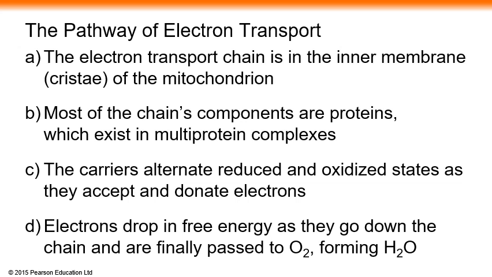The carriers alternate between reduced and oxidized states as they accept and donate electrons. Electrons drop in free energy as they go down the chain and are finally passed to O2, forming H2O, water.